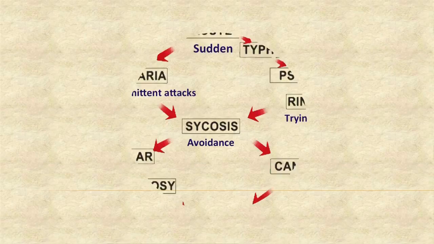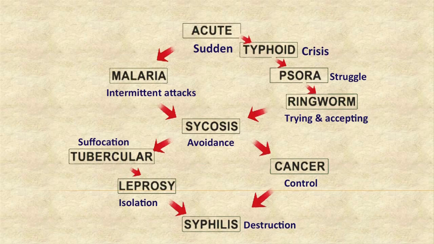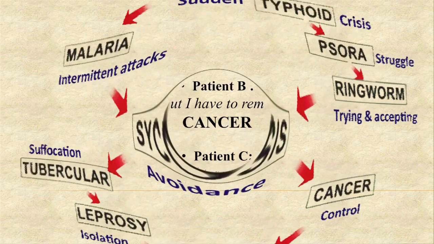So these three ways of seeing the same sensation are represented by our miasms, and I created a pattern of 10 miasms. As you can see here, the psychotic miasm has the theme of avoidance, the cancer miasm has the theme of control, and the tubercular miasm has the theme of suffocation, and other miasms with other depth and desperation of experience.